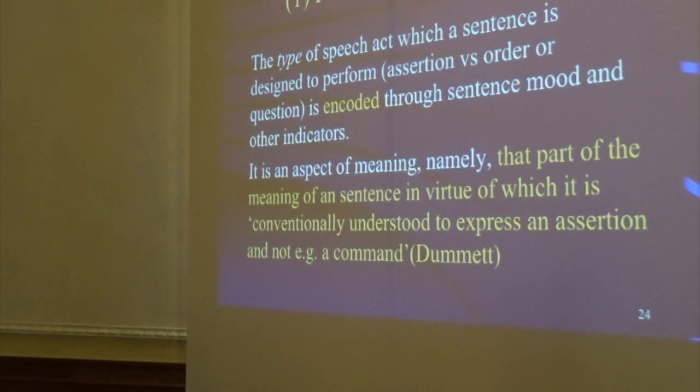That's, at least in those views, what's encoded. There are aspects of the sentence that correspond to the act which you perform. Indeed, in order to actually succeed in performing the communicative act, your intention must be recognized, so it's important to give clues, to give indications about what it is that you're doing. And precisely sentence moods and other illocutory force indicators are there to provide those indications. So this is part of the meaning of an utterance. This is force as encoded.